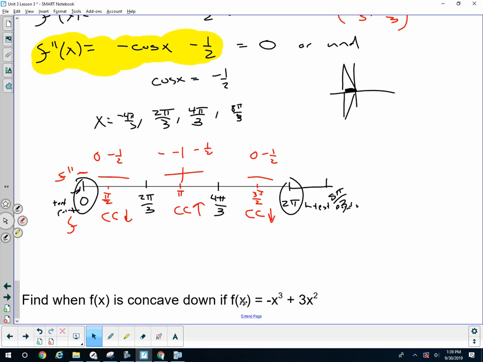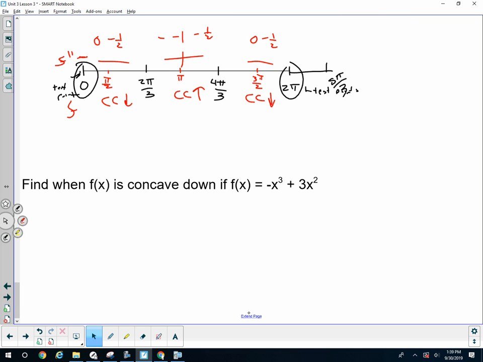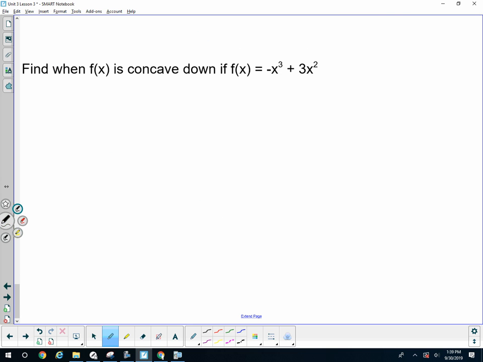The next question is similar, so I'm going to change it up a little bit. Just want us to be careful, and this leads us into the next type of problem when I'm giving you the graph. Make sure you look and you know what's given to you. If you're asked when is f concave down, but you're given f prime, don't take two derivatives.